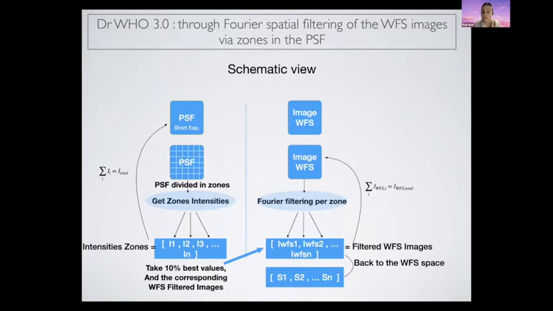I don't want to say slope because it doesn't make sense to talk about slope for a pyramid, but whatever, let's say slopes. That gives us just the 10% best images, which we can sum up to have the final reference. And if we also sum all those filtered images, we end up having the final slopes that Compass gives.